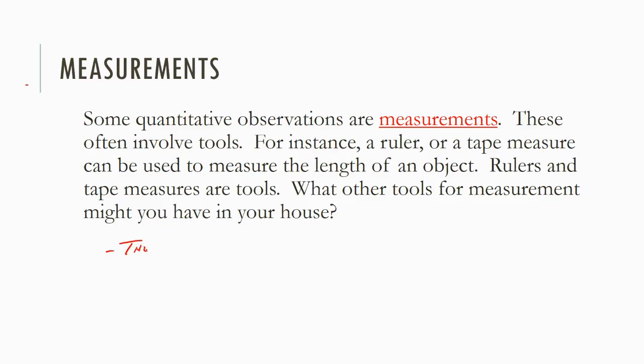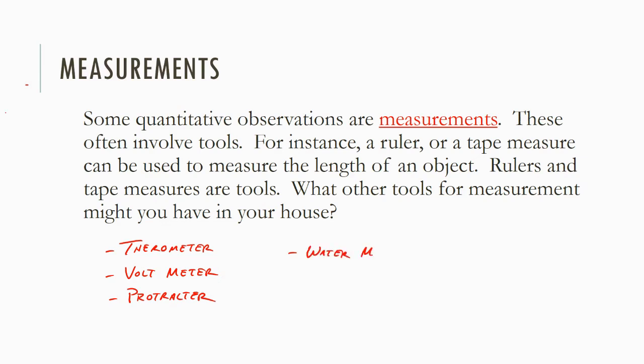Some of the things that I thought about were a thermometer. Other things that I have would be a voltmeter in my house, which measures electricity. Aside from those two, other things could be a protractor that you would use in math class, or some other out-of-the-box things like the water meter in your house.